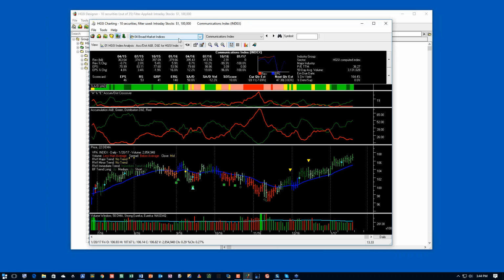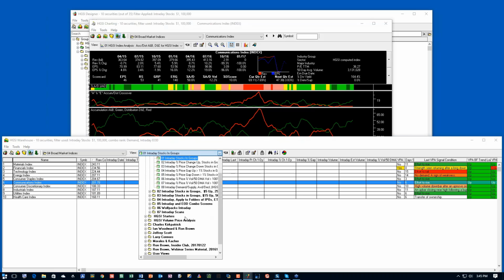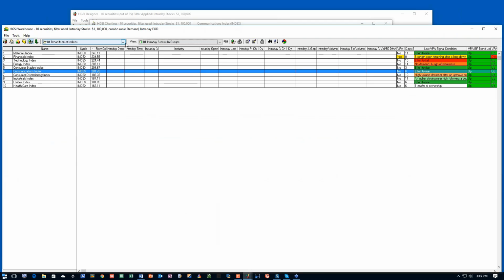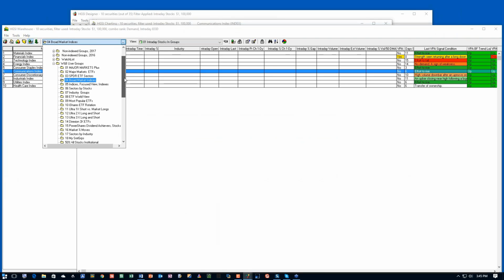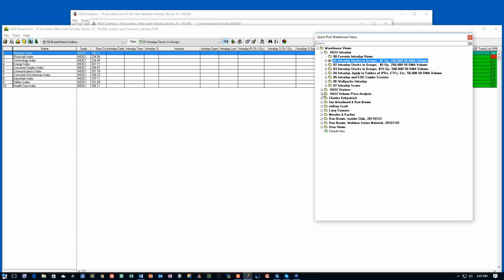So let me now go back to this view and okay, I want to get up here, and I'm a little bit slow today. That's what happens when you get up at 4 in the morning.